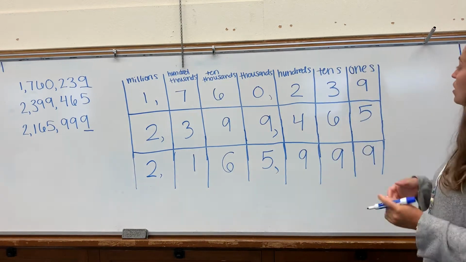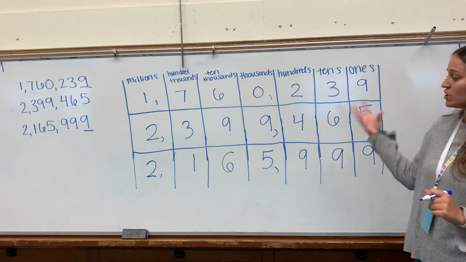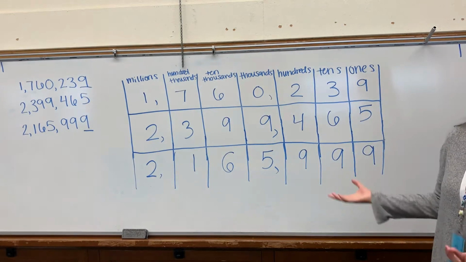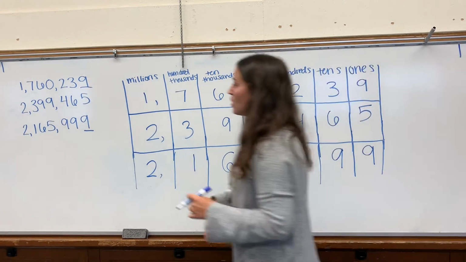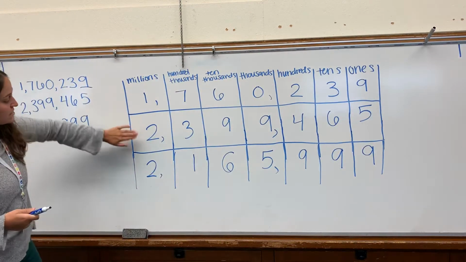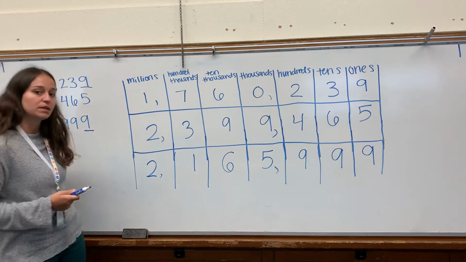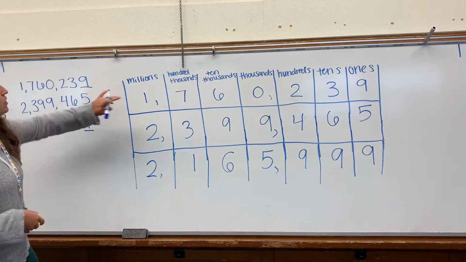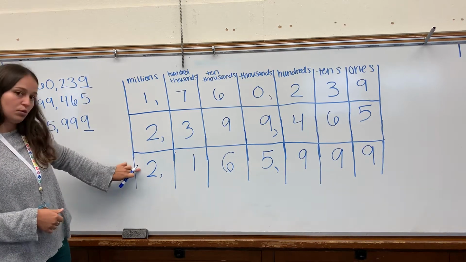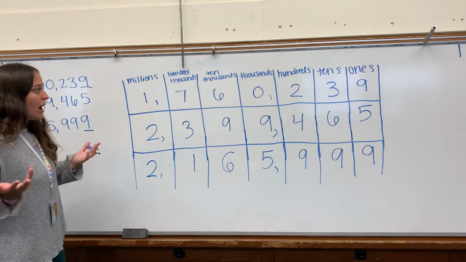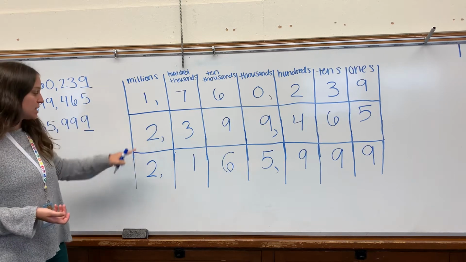So now we're going to be talking about which number is the smallest and which number is the largest. We're going to compare them. When we compare them, we want to look at the biggest number first, so the number in the millions place, okay? So for my numbers, I have a 1, a 2, and a 2. So I know that 1 is less than 2.